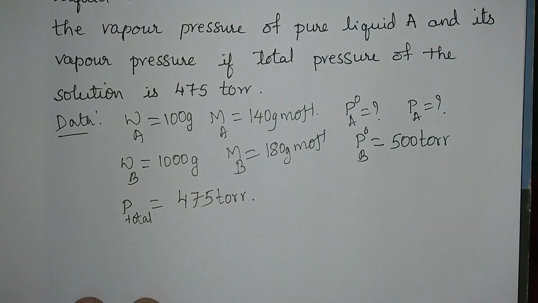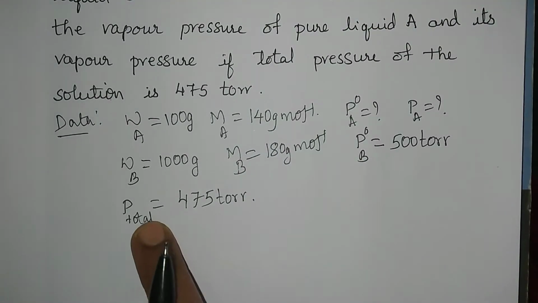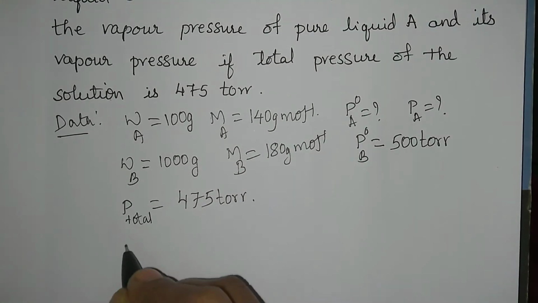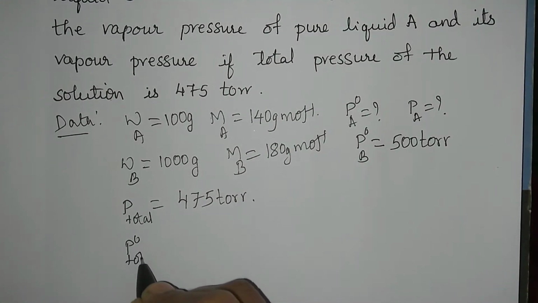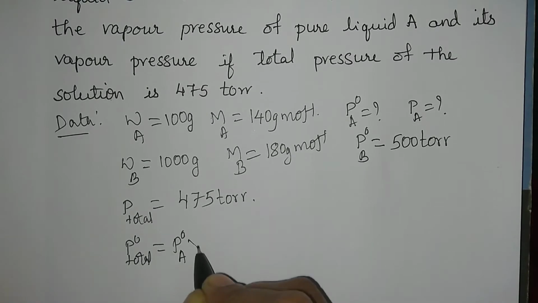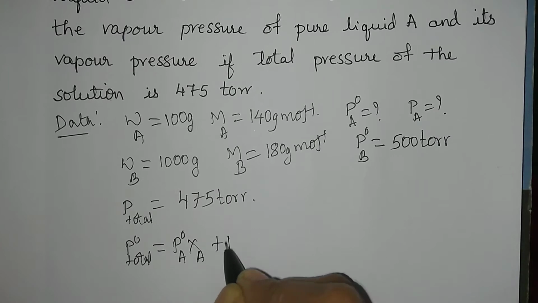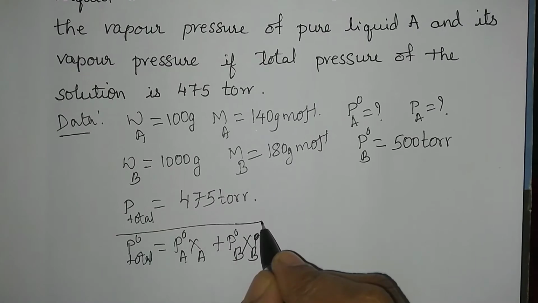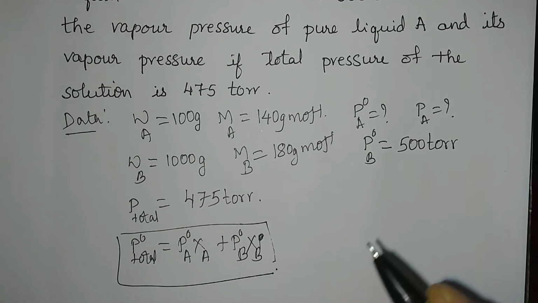Okay, so we know that P total is equal to the sum of, that is, P naught of A into XA plus P naught of B into XB. Isn't it? So it is according to Raoult's law for liquid mixtures.